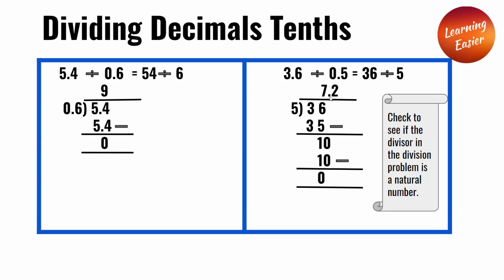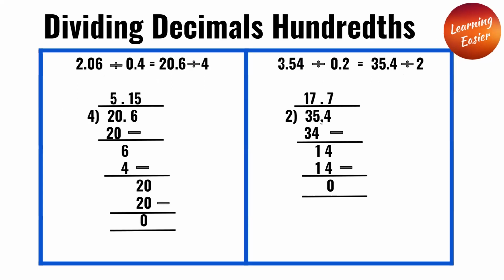We put a decimal point in the quotient because we don't have any more numbers to use. Since we put a decimal point in the quotient, we can bring down a 0. So 1 becomes 10. 5 times 2 is 10, so 10 minus 10 is 0. So the answer is 7.2.